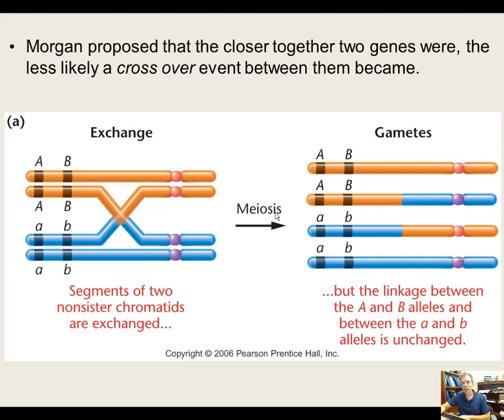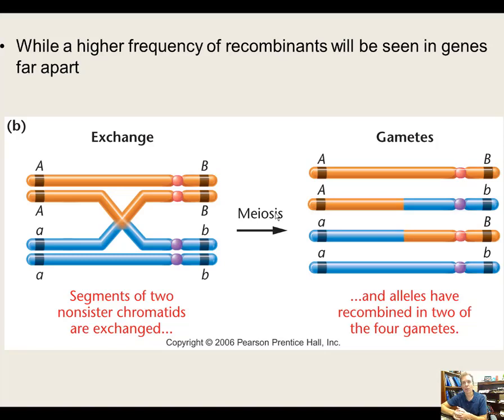On the other hand, if genes are far apart on the same chromosome, here big A and big B located at opposite ends of the chromosome, recombination is more likely to happen in between those two, and you will get more recombinant gametes. So the frequency of recombinant gametes is proportional to the distance between the two genes.